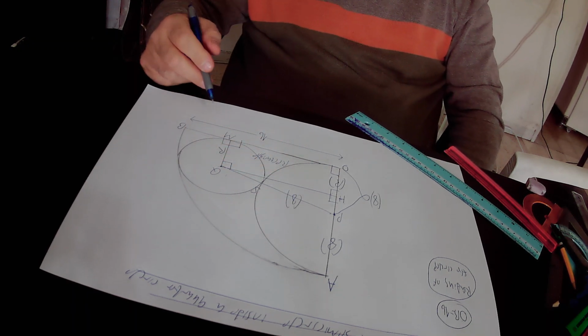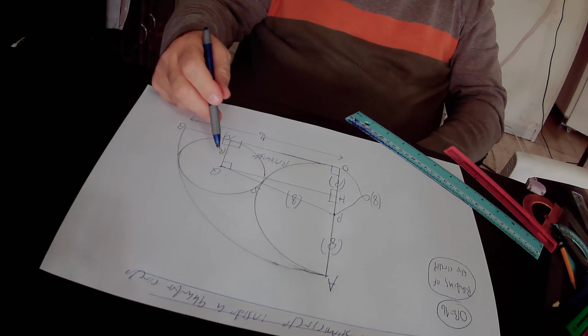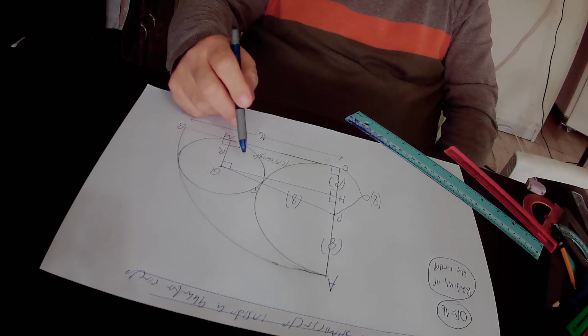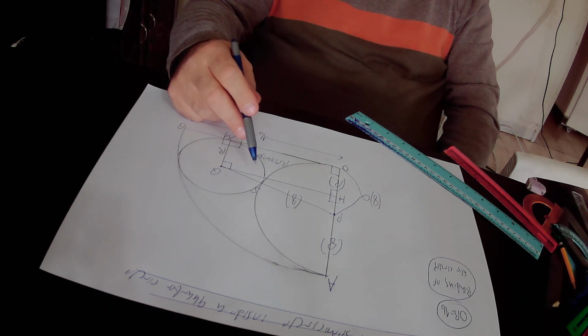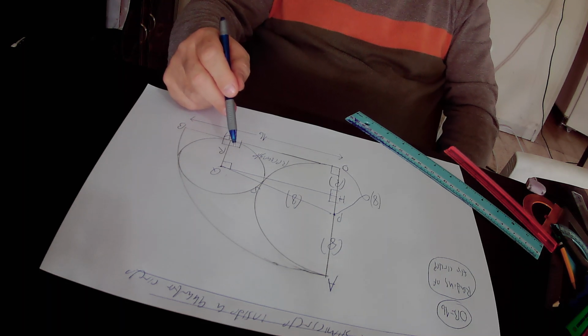And what is the definition of line segment SQ? Line segment SQ starts from point Q, that is the center of this small circle, and ends at point S, that is a point on the small circle itself. This is exactly the definition of a radius.